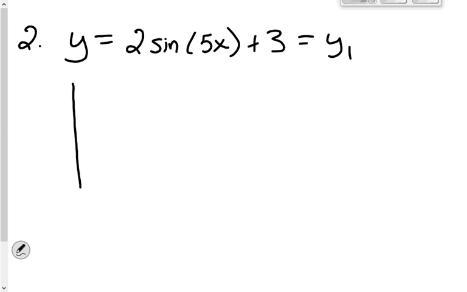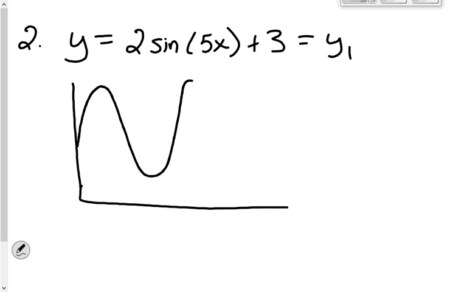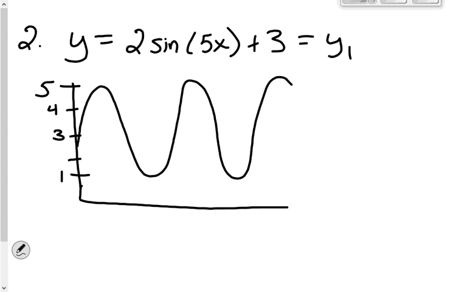Graph. So we get something that looks like that. And this, I believe, is 1. And that, I believe, is 5. So that's 3, 4, and 2.